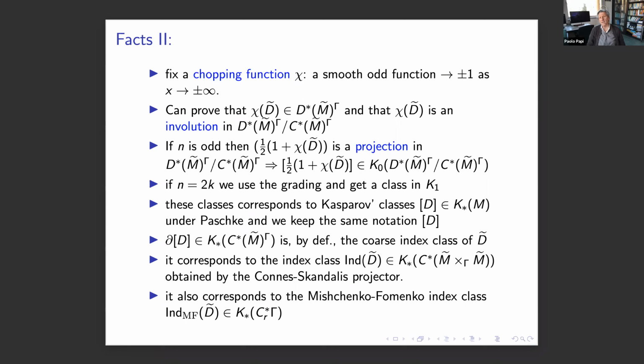So it's actually an interesting exercise to show that all these definitions are compatible. But these are known classes.